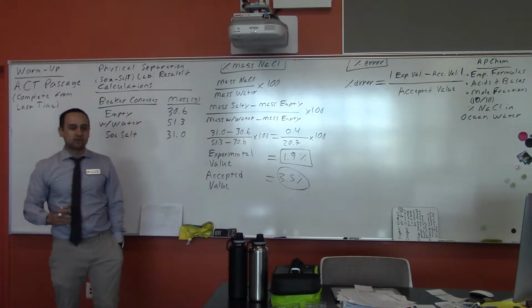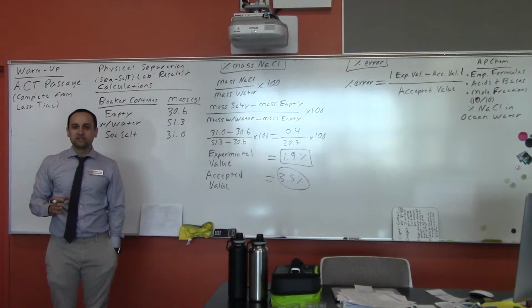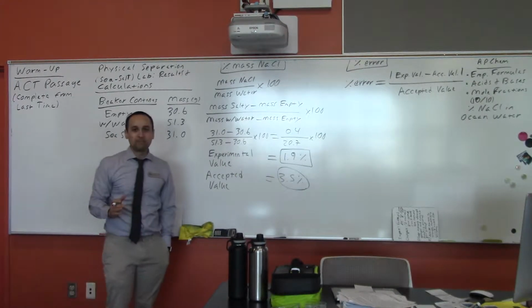Okay? So ocean water is known to people to be 3.5% sodium chloride by mass.